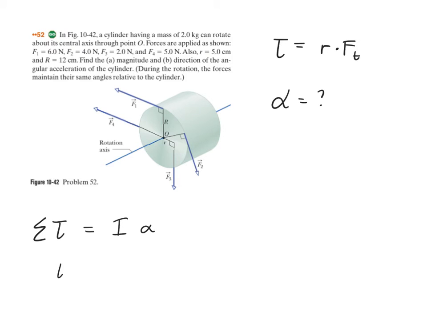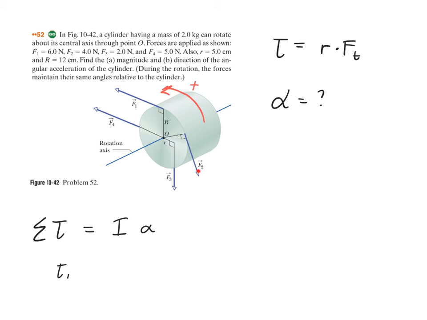So we've got tau 1, and I'm going to consider this the positive direction for rotation, the counterclockwise direction. So tau 1, as a result of F1, this force is pulling on the handle that way, which will cause it to rotate this way, so that's going to be positive.